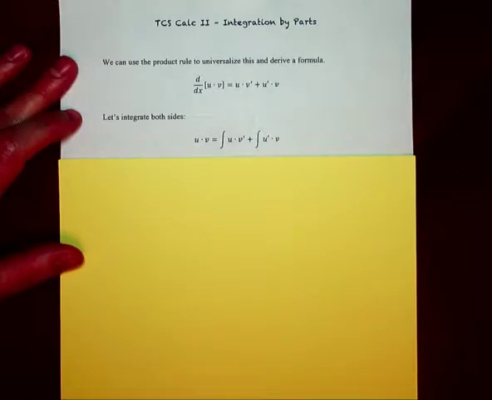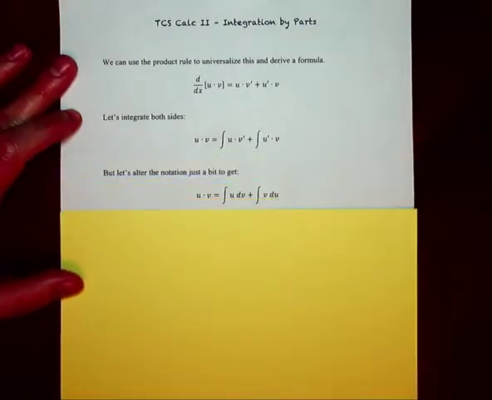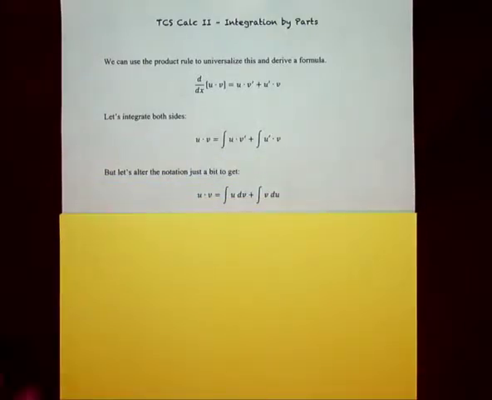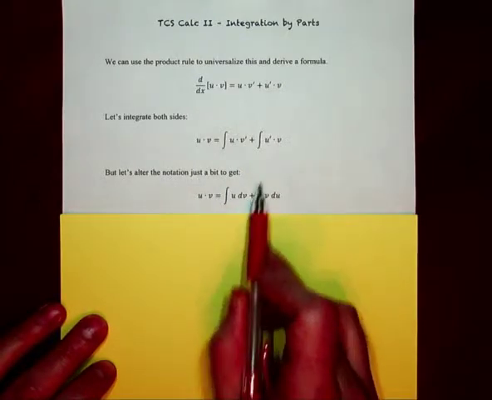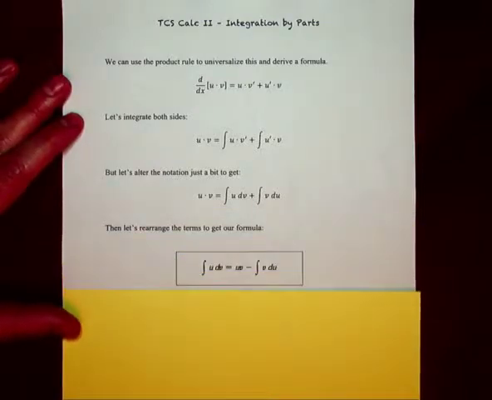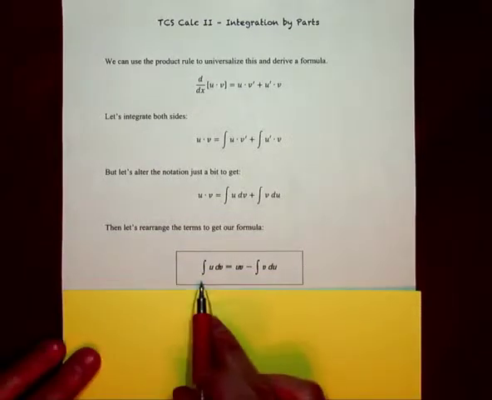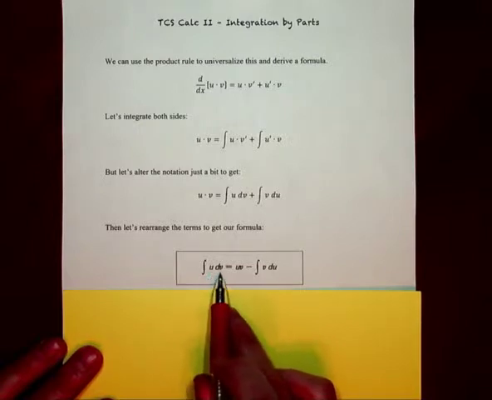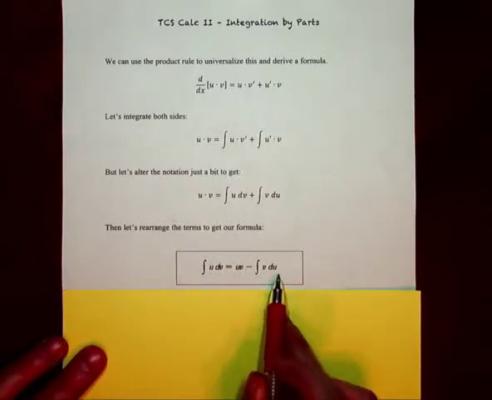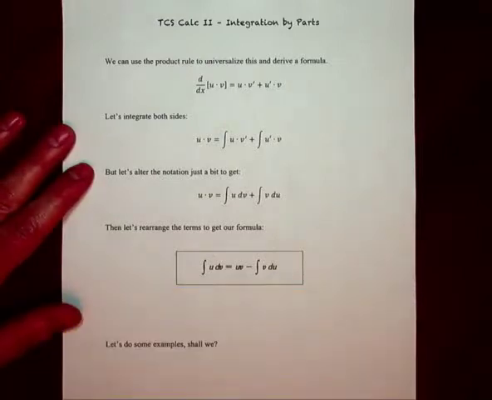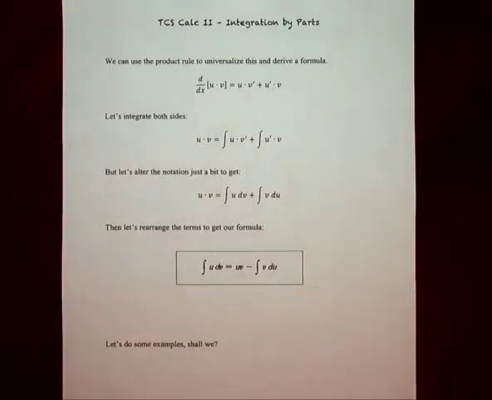Well, let's go ahead and adjust the notation just a little bit. And so I have u times v is equal to the integral of u dv plus v du. And if I shuffle those around a little bit, just like I did before, I'm going to get the integral of u dv is equal to uv minus the integral of v du.